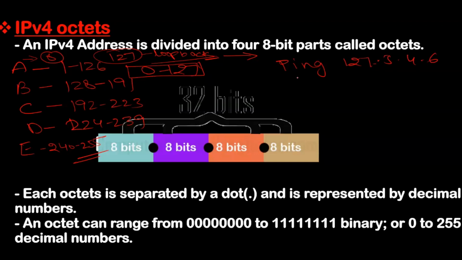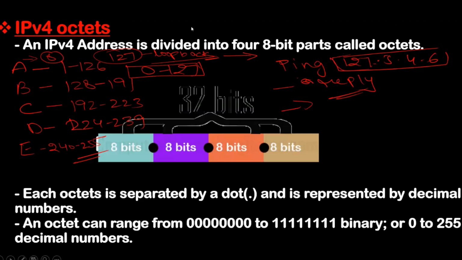If you ping with that IP or with this range and you get a reply, that means your NIC is working. Otherwise, if you get an error with this range of IP addresses, that means the problem is with your NIC, and you need to check or change your NIC. So that is the meaning of loopback.